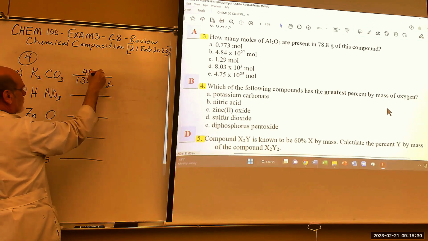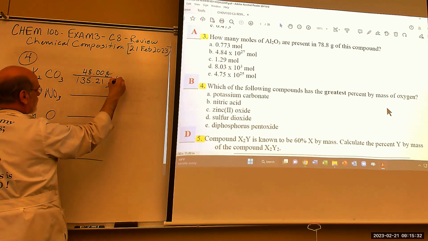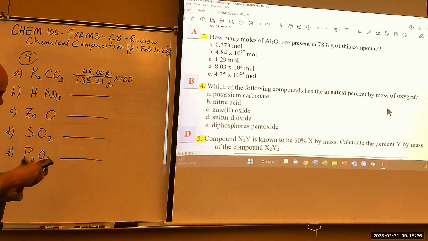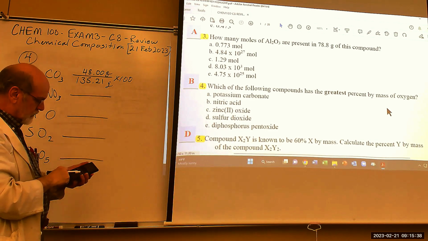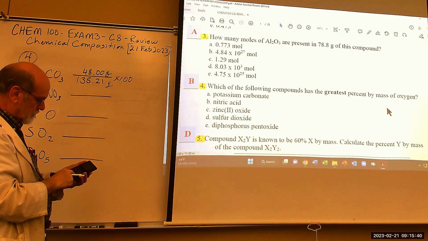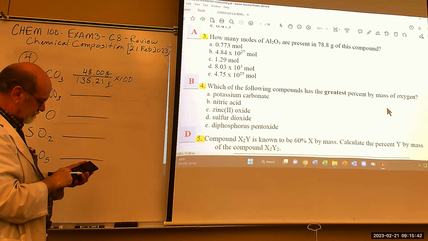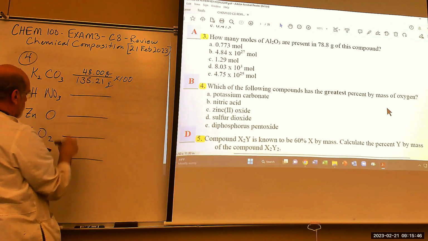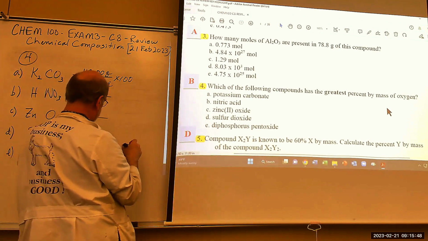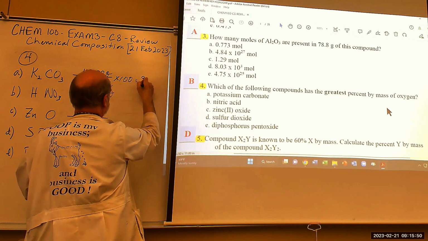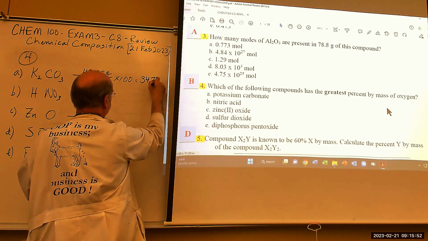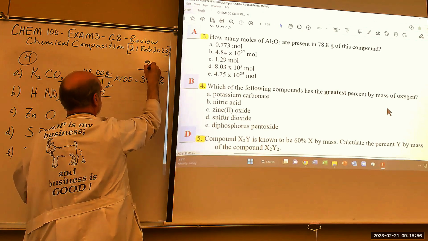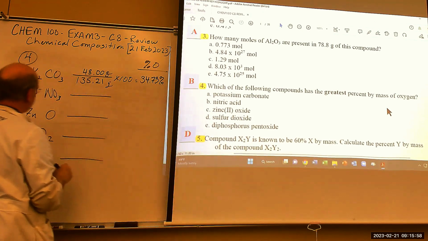It's 48 times 100. Okay? So since I've already got it in my calculator, I'm going to do that calculation. Let's see. 4 significant figures, 34.73. This is percent oxygen.